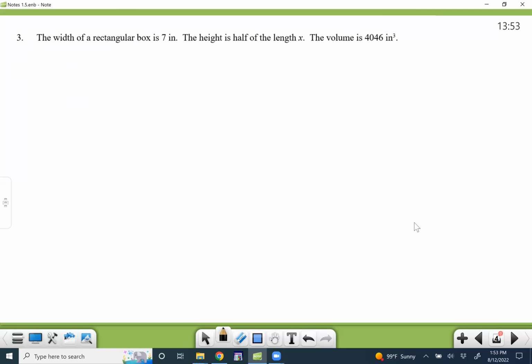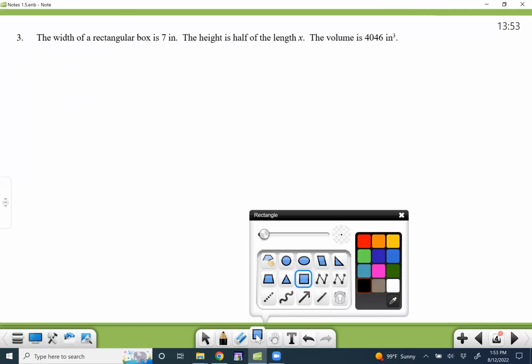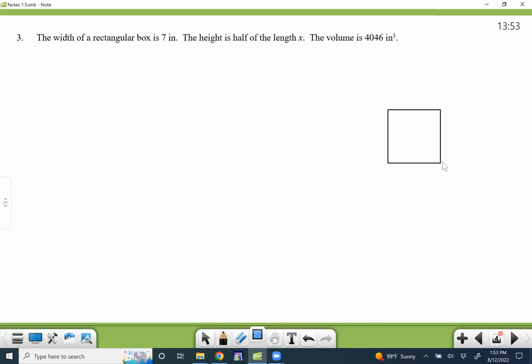So let's see here. The width of a rectangular box. So we have a box. So I guess I could just use this.